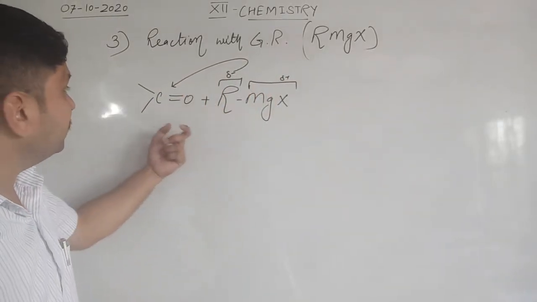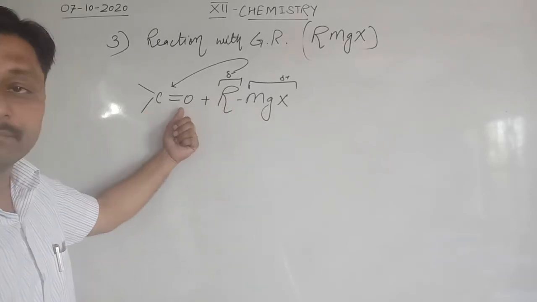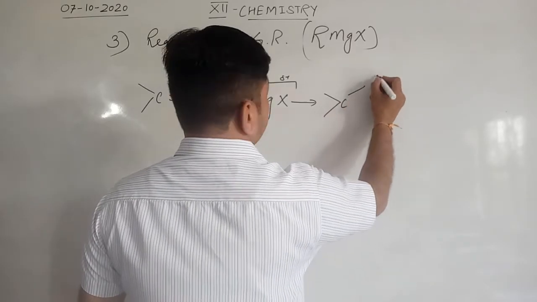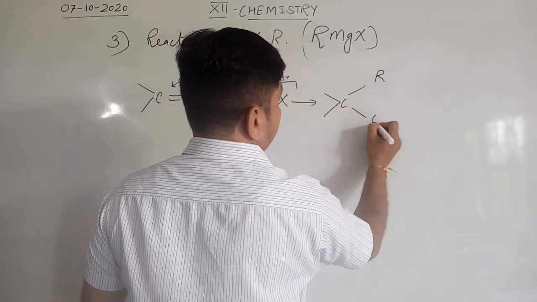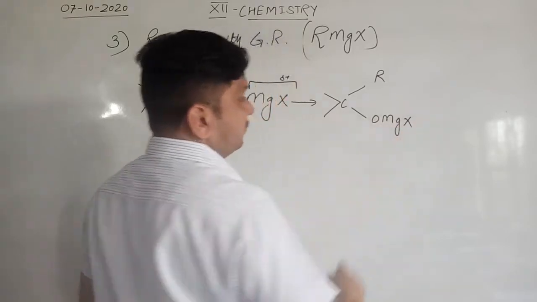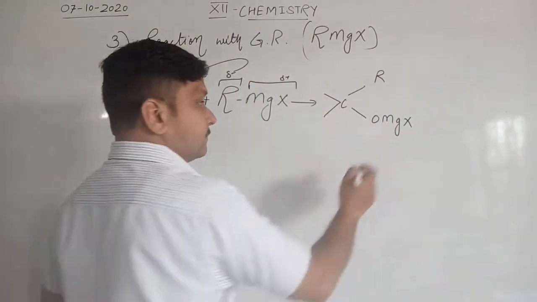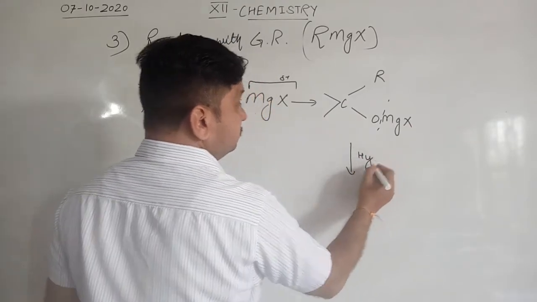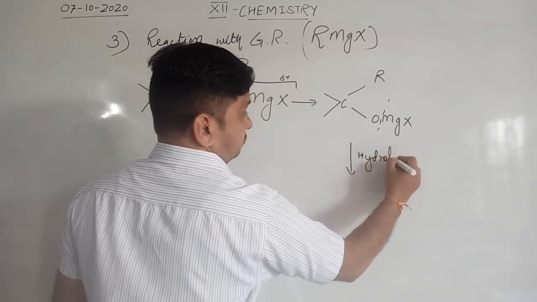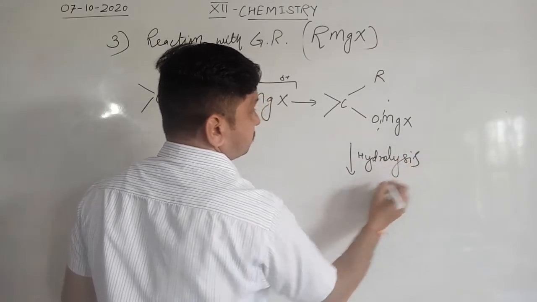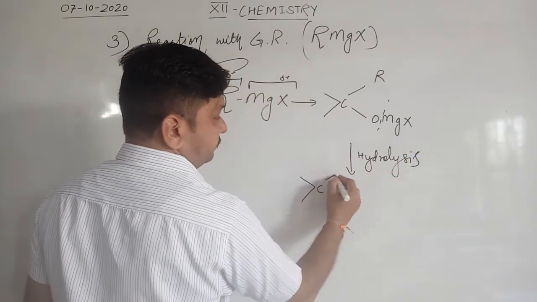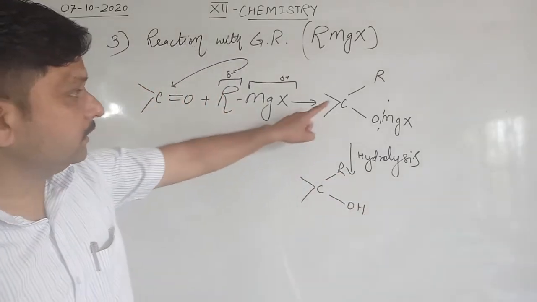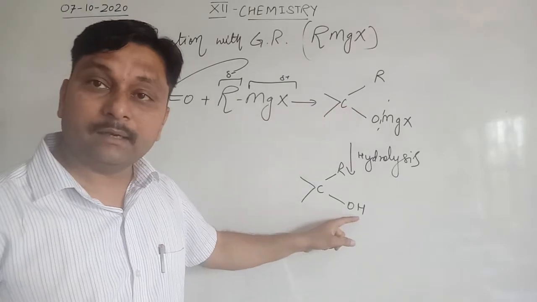So R will attack the carbon atom and MgX will attach to the oxygen atom. And now this compound undergoes hydrolysis and converts into alcohol. See here, RCOH. Clear?